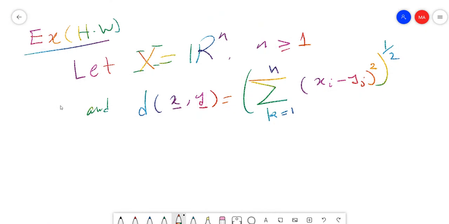This is the Euclidean metric in n-dimensional space.